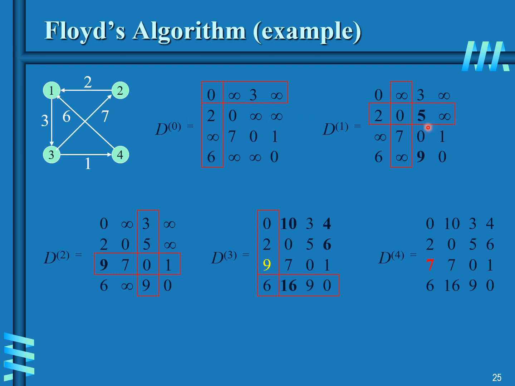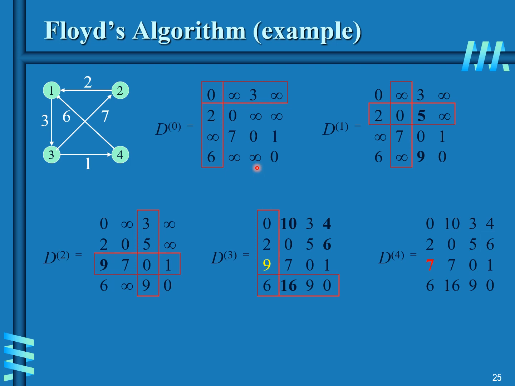Again, when you come to this entry, the corresponding row value is infinity, here 2, so obviously you cannot change it. Again, when you come to this 7, here also infinity, so there is no change. Again 0, nothing. When you come here, infinity, so there is no change. When you come to this infinity also, here 6, here 3, infinity, no change.